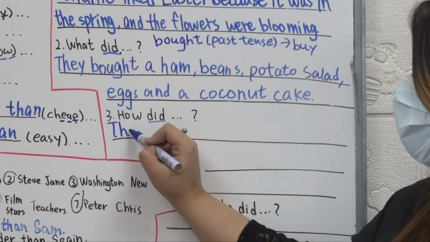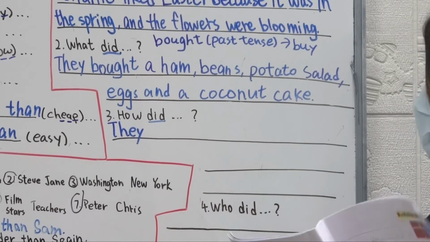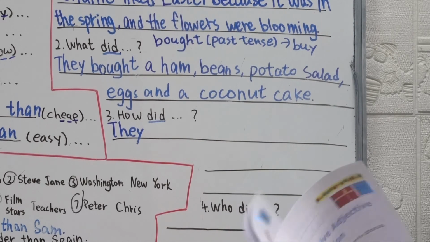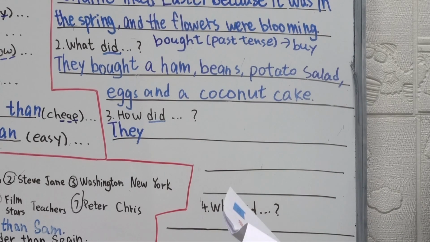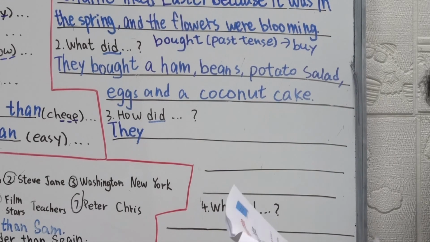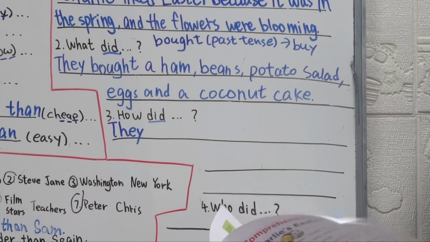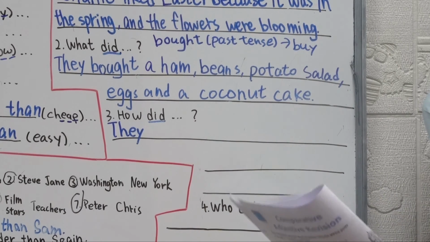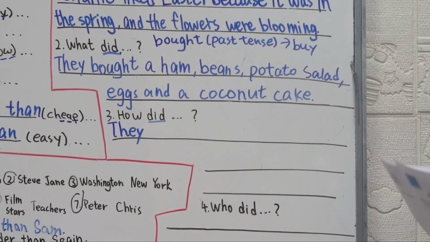So let's write this first. Okay? So how did they decorate the house for Easter? Let's have a look. You may find it in the comprehension. Let's find it together.